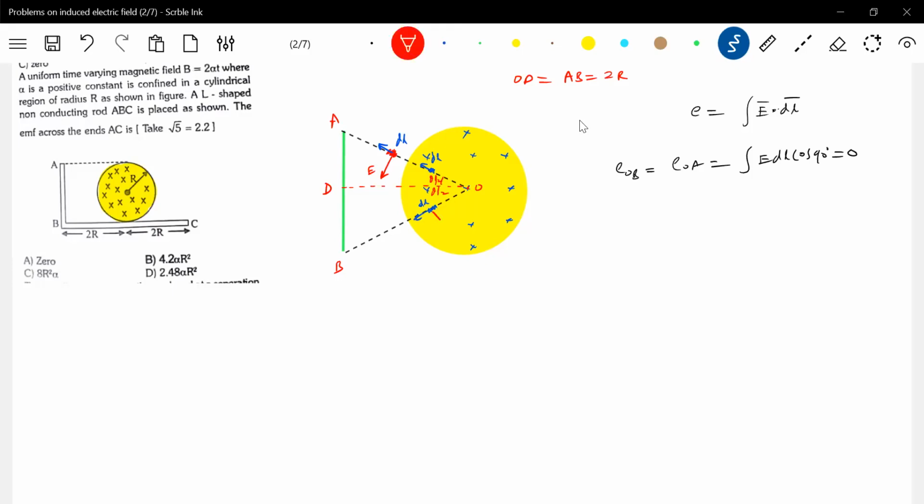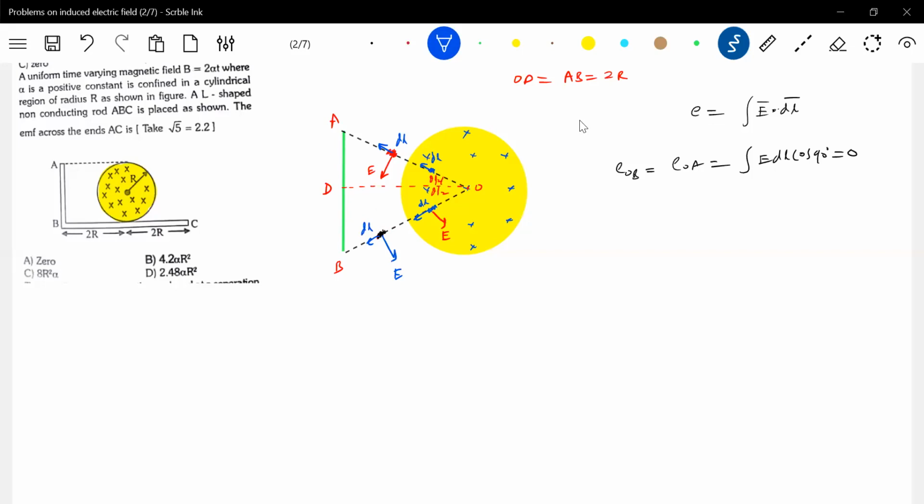So either for the rod OA or OB, either inside or outside, the E bar will be directed perpendicular to the rod, of course magnitude will be different. Fine. So therefore, no EMF is induced in the rods OA and OB. Very important. In many numericals, this will help you a lot to simplify things.